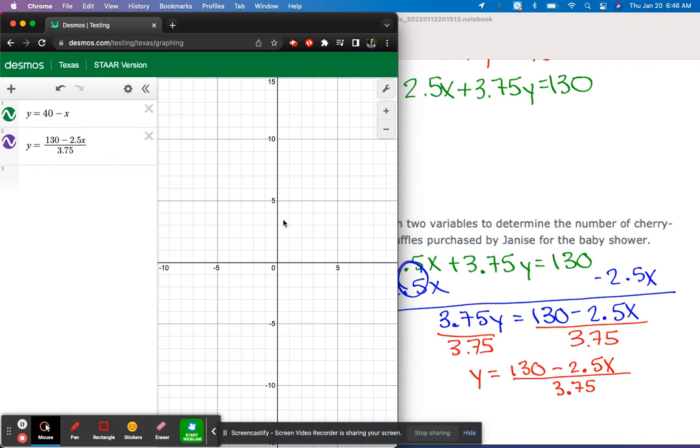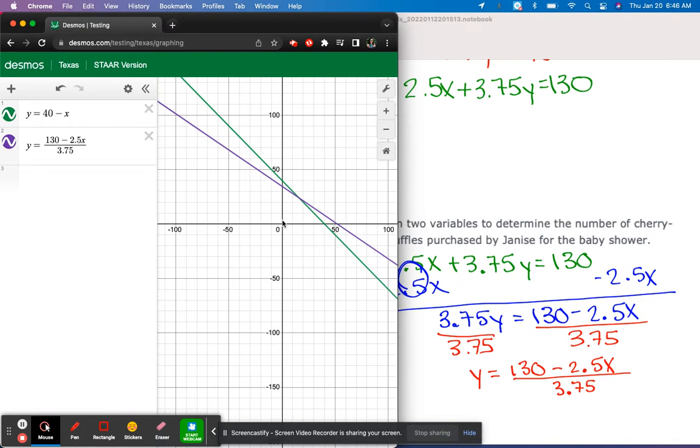What we need to do is zoom out on this graph so we can see where everything starts. This one is a little bit easier to read than the first one. I can clearly see where the intersection point is. If you just click on the graph, right there, our graph intersects at 16, 24.